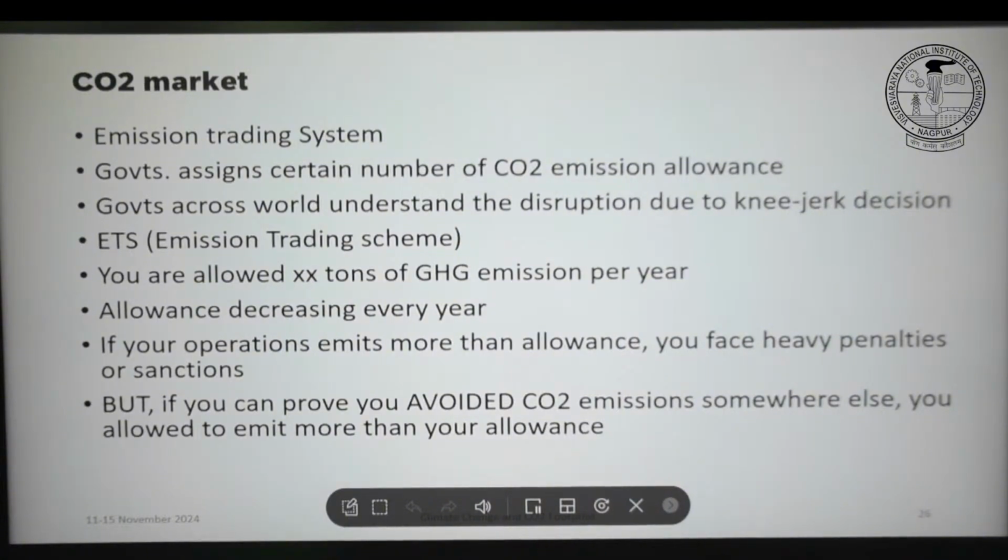So CO2 avoided was allowed, but nowadays they have absolutely banned it. No matter how good you do in other countries, how much CO2 you reduce by investing in projects in other countries, your allowances will not be adjusted anymore.